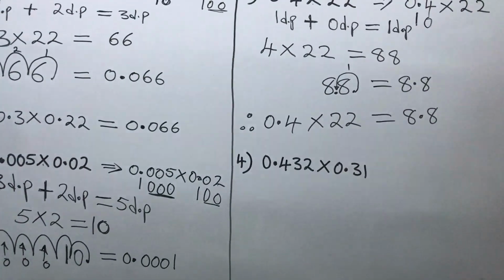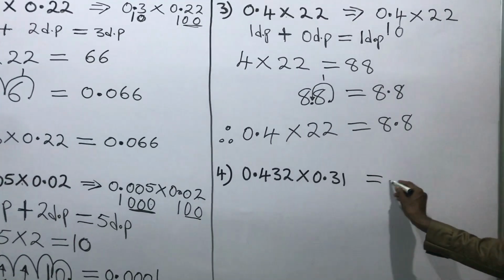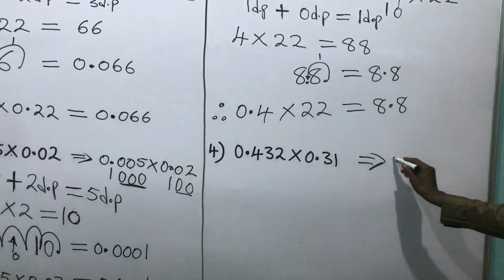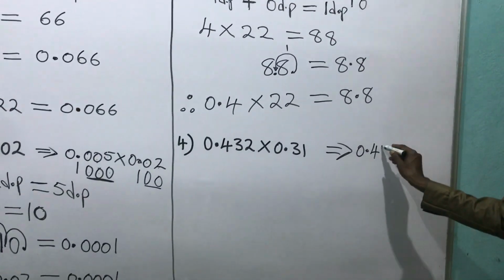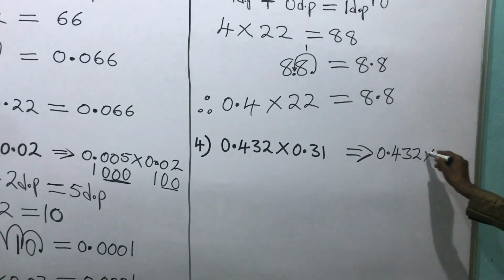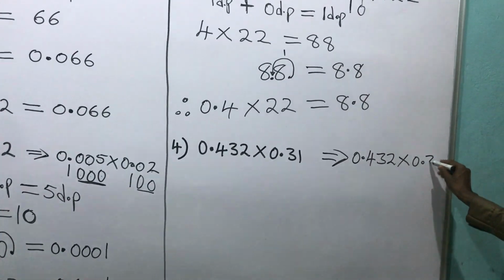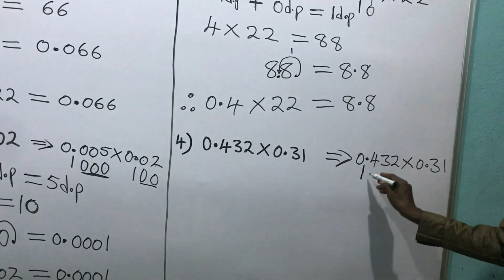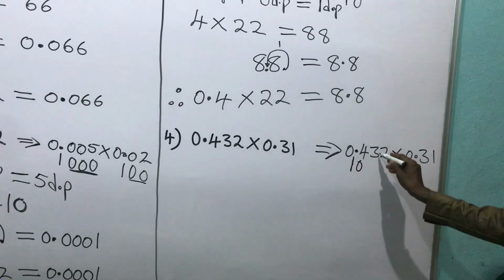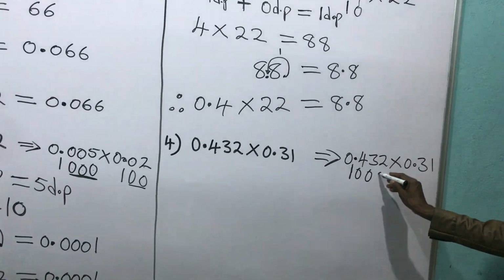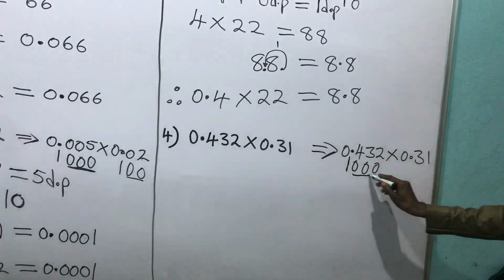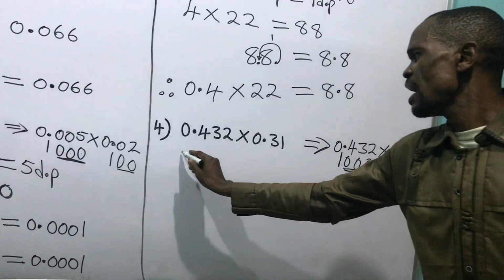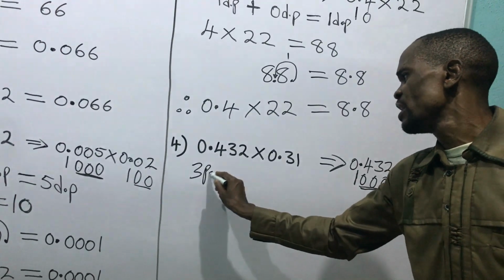Then let's go to question number 4 and see the decimal places. 0.432 times 0.31. This point stands for 1, and 4 is 0, 3 is 0, 2 is 0, meaning that I have 3 decimal places for this one.